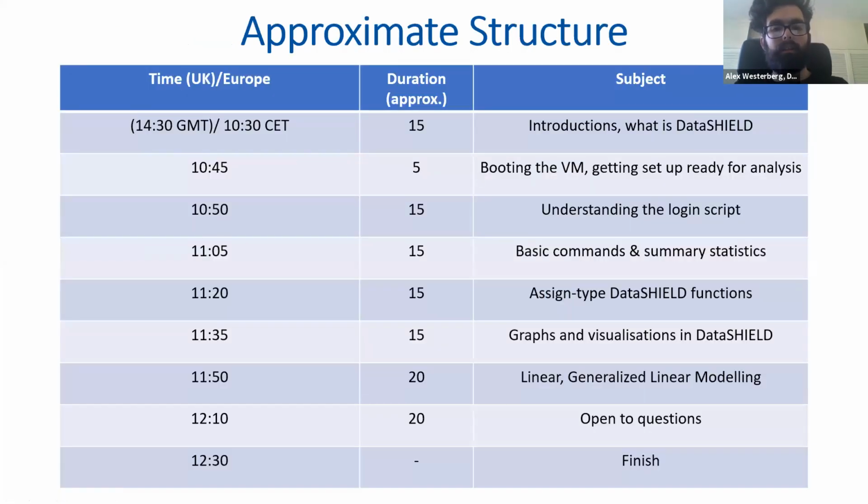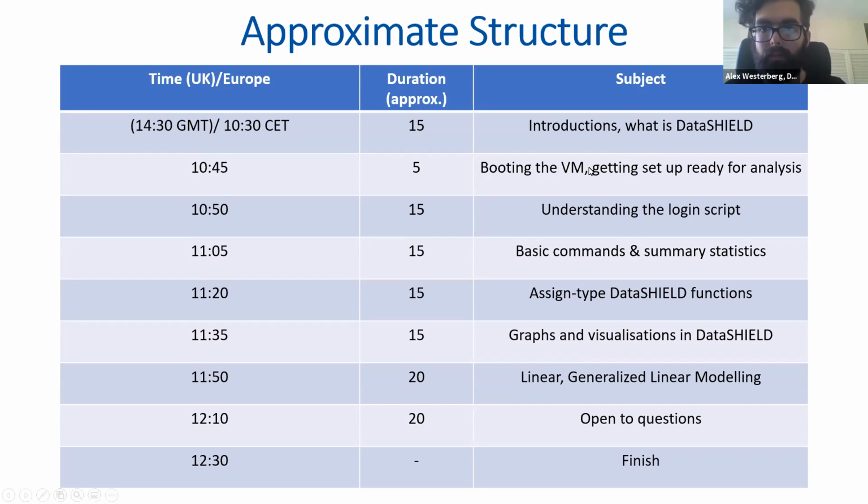This is a table of the approximate structure of today. I'll be continuing this slideshow with some diagrams and animations of what DataSHIELD is to help you understand it and how it works. Then we'll move on to the actual demonstration itself, which uses a virtual machine.